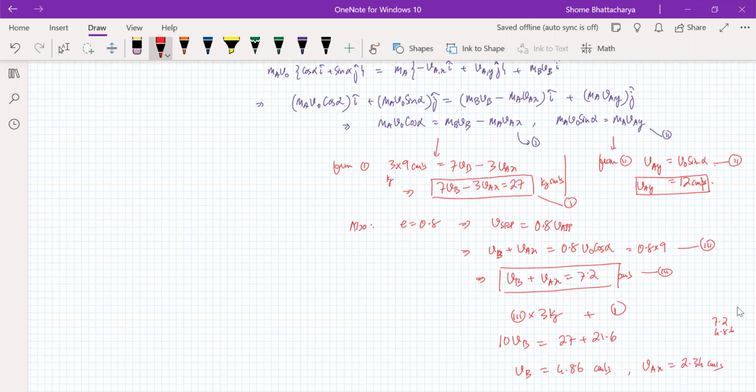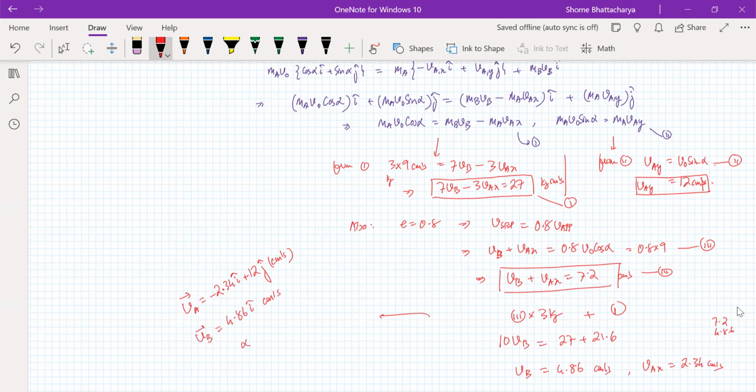Okay, so now I got this. Now in vector form, I know what the final velocities are. VA, according to my system of axes, is minus 2.34 i cap plus 12 j cap in centimeters per second. And VB is 4.86 i cap in centimeters per second.